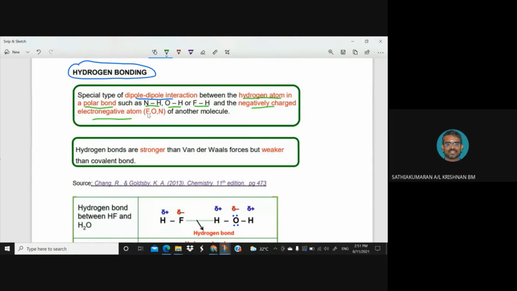So it must have fluorine, oxygen, or nitrogen bonded with hydrogen. Hydrogen bonds are stronger than van der Waals forces, but weaker than covalent bonds. Now let us see how a hydrogen bond can form.